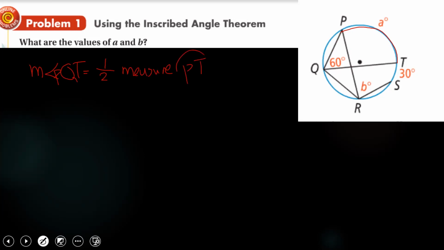So the angle 60 here is half the measure of the arc. Since the angle here is 60, half A, so A will be 120 degrees. So this is here 120 degrees. Now I need to find B.